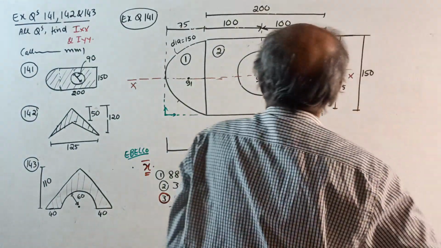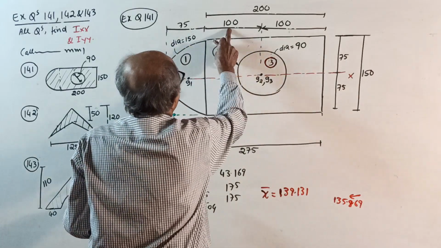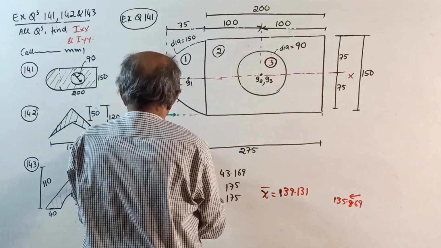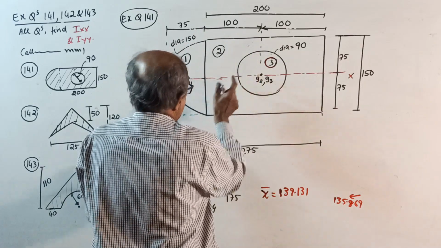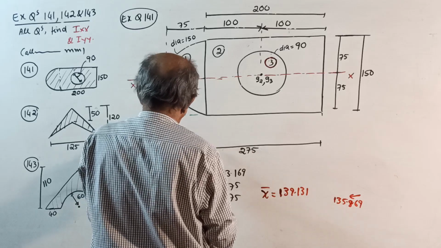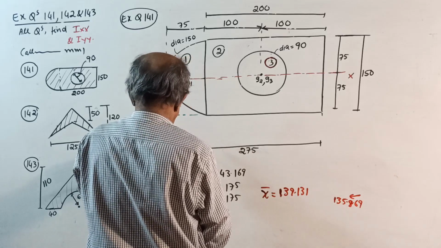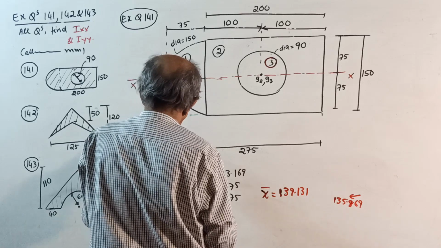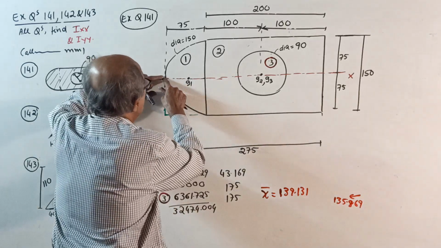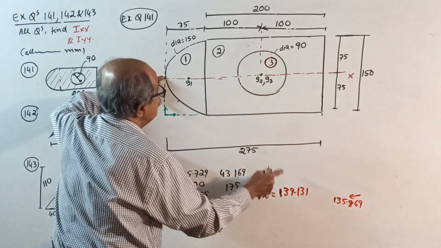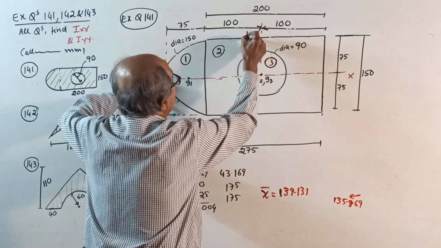See, this is 75 plus 100, 175. From 175, you subtract the radius of the circle, 45. 175 minus 45 is 130. So from here to here is 130. This is 139. Oh yes, therefore it will cut somewhere here.